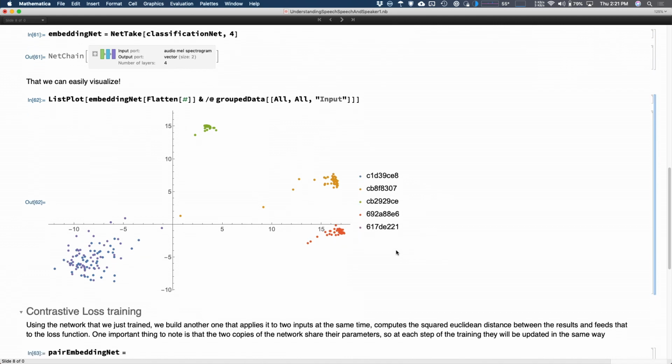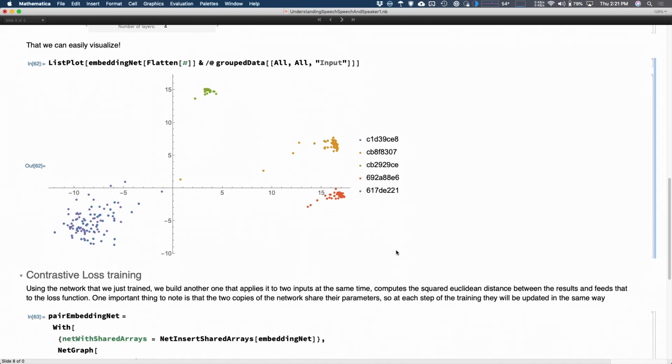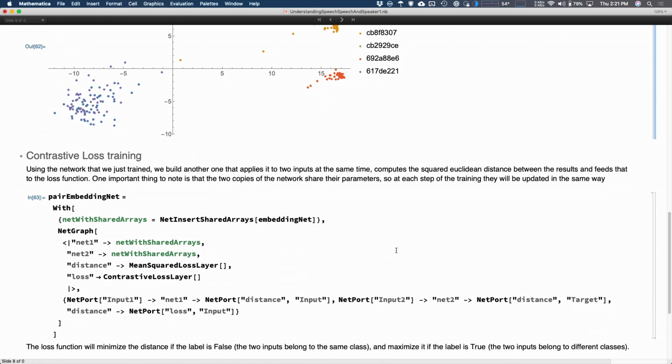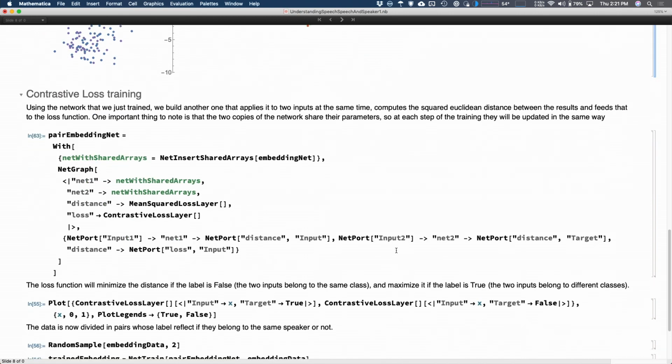So here we define a simple recurrent network for classification. And we train this network on a tiny dataset with speech from 5 different speakers. I will not run the training right now because we are very short on time. And then we chop the network so we have something that extracts features.